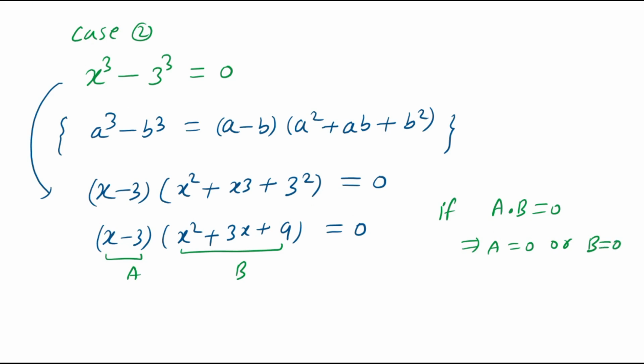If we apply this rule, then x minus 3 is equal to 0 or x square plus 3x plus 9 is equal to 0. Here x minus 3 is equal to 0, it means the value of x is equal to 3. So the fourth solution x4 is equal to 3.